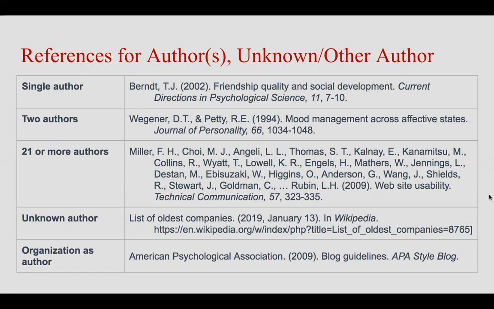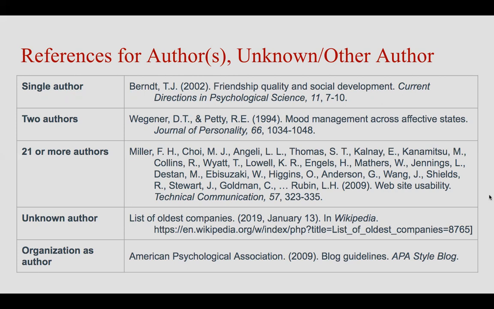And then if there's more than that, after 20, you could put an ellipsis to cut those authors out, and then just put the last author that shows up in the list for that source to round it all off. So 20 authors, an ellipsis, and then the last author, and cut out whoever's in between.